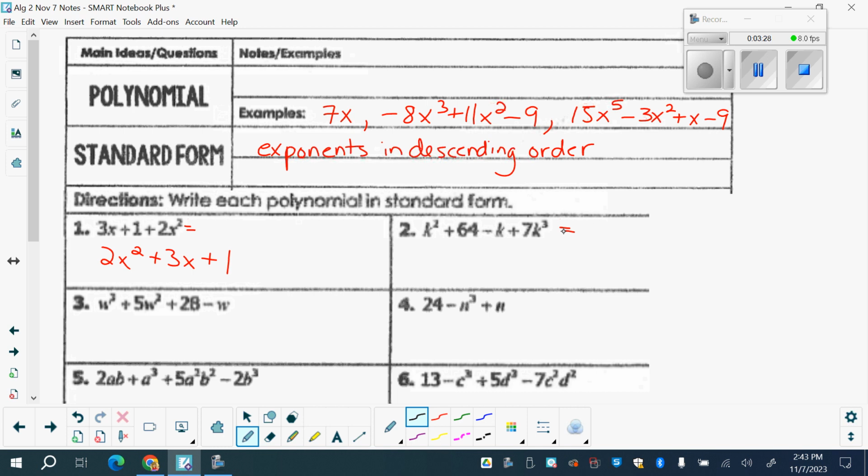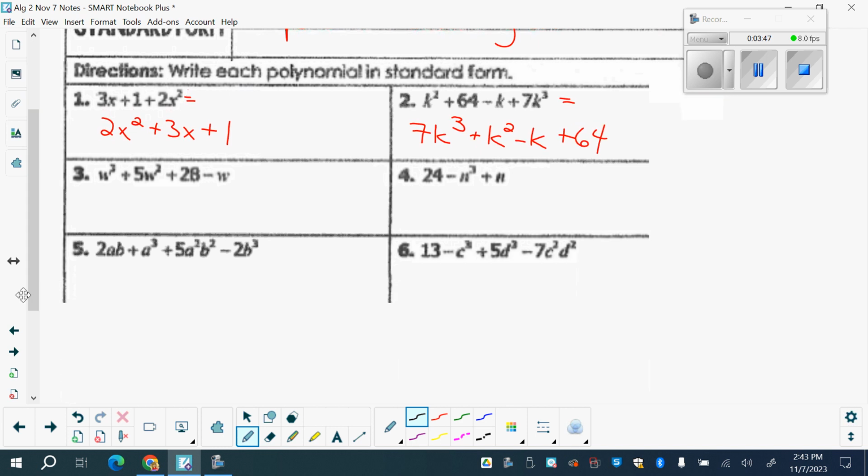This is the easiest part, so I'm going to quickly go through this. What goes first? 7k cubed. Highest exponent is 3. Then the next highest is k squared minus k and plus 64. What's the highest exponent here?